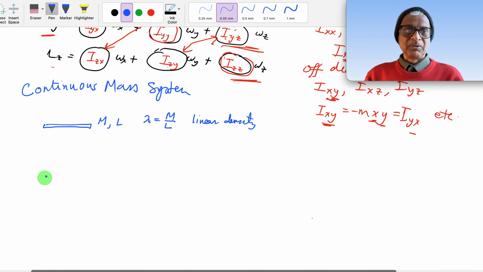So this whole thing is just 2 times the integral from 0 to L over 2 of y squared dy, and you will get the formula that you're very familiar with, 2 lambda, and then you're going to have y cube over 3, from 0 to L over 2, and so 2 over 3 m over L, and this will be L cube over 8.